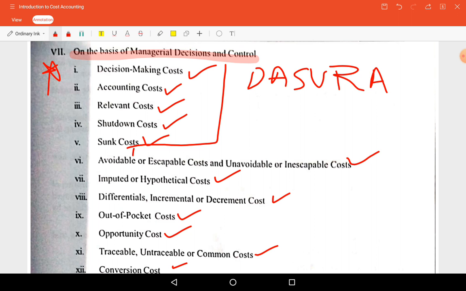You remember Dasara: D for decision making cost, A for accounting cost, S for shutdown cost, U for unavoidable, R for relevant, A for avoidable.